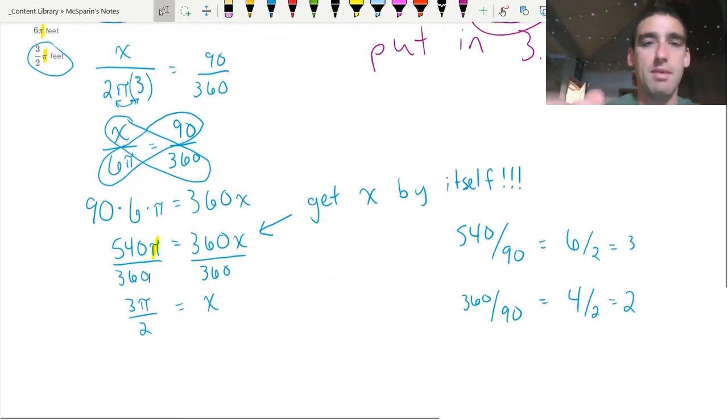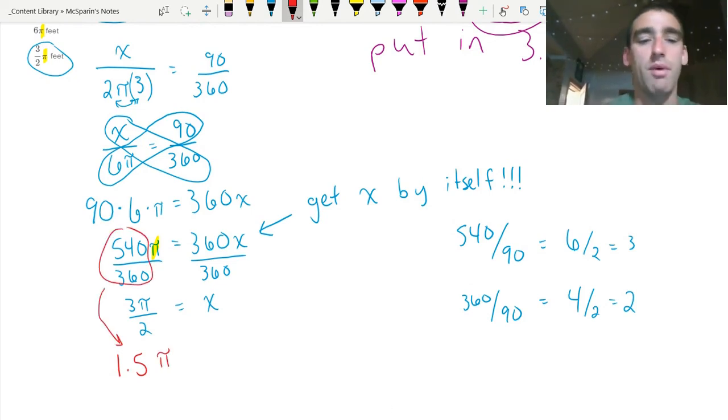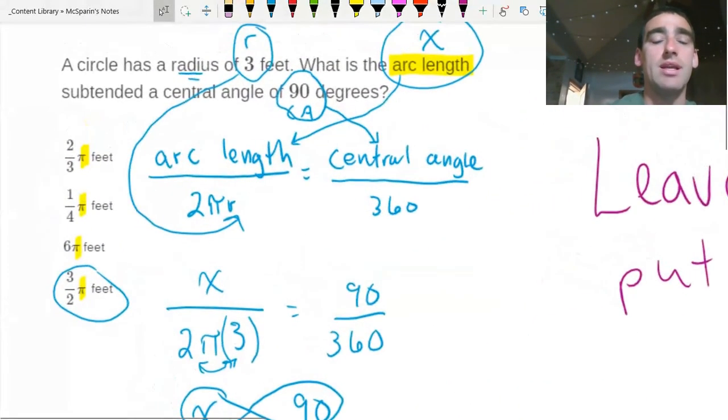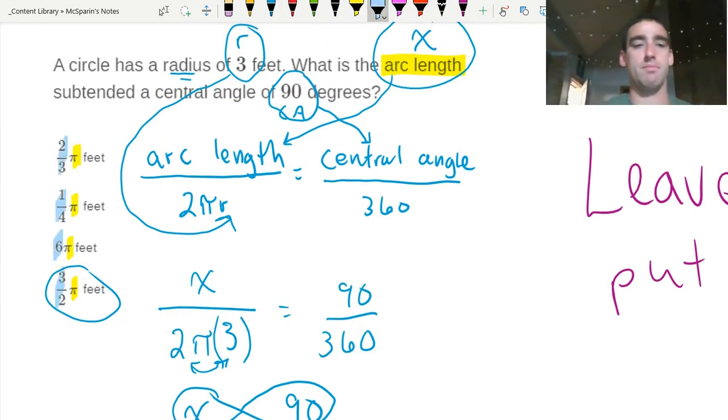This is the same as 1.5 pi because 540 divided by 360 is 1.5. What you can do is you can go in here and you can do each of these fractions in your calculator. Okay, so I'm just going to do it on mine real quick so we can go fast.